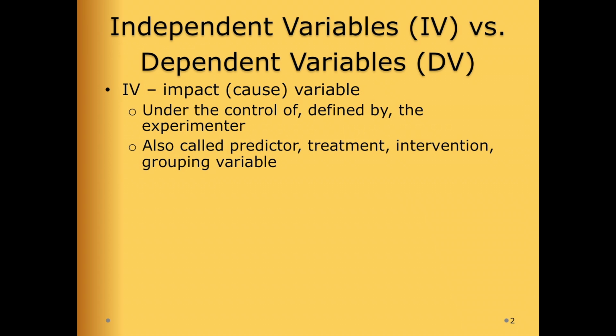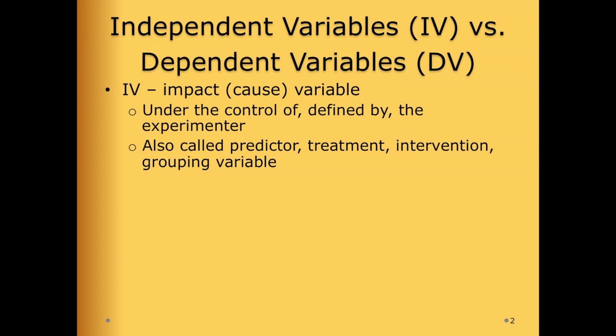For example, in many studies in clinical psychology, researchers randomly assign participants into a treatment or therapy group or a control group, and the researcher will carefully define what is to happen to those in each group or level of that independent variable.